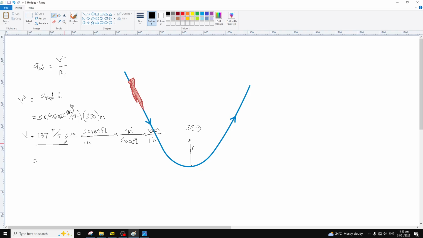So ito yung unang answer in meters per second, and in miles per hour that should be multiplied by 3.28084 times 3,600 divided by 5,280. So, yung miles per hour is 307 miles per hour.